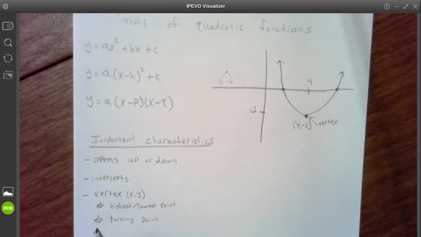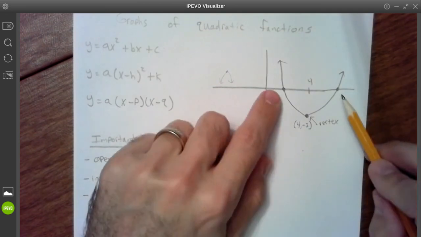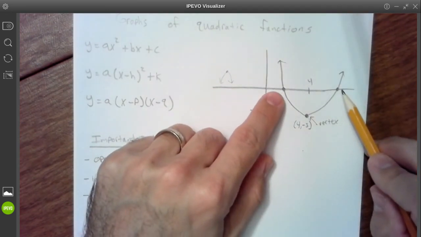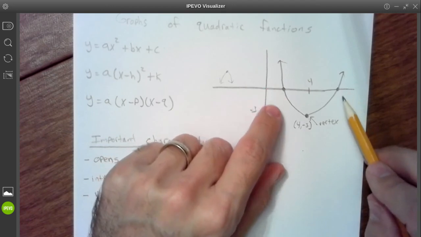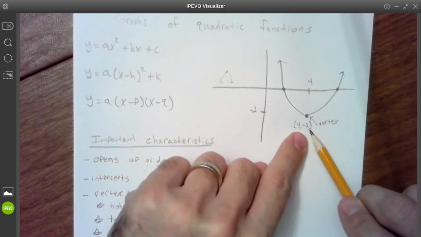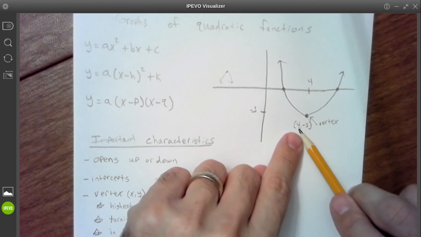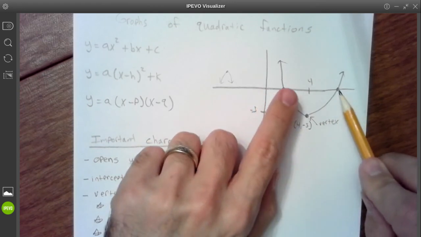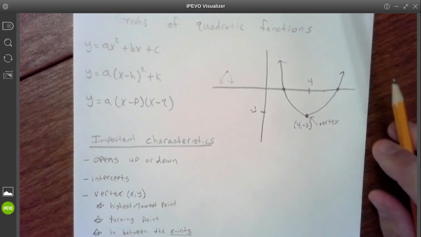Another little quality that's worth remembering about the vertex is that it is directly in between the x-intercepts. I don't know what these two x-intercept values are, but I know that the vertex is directly in between them. That 4 is the average of these two x-intercepts.